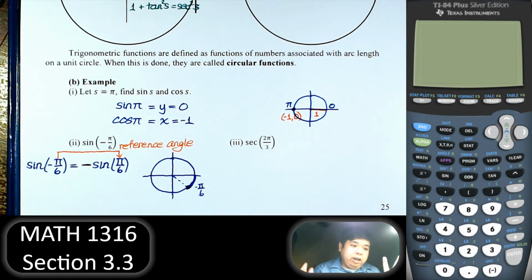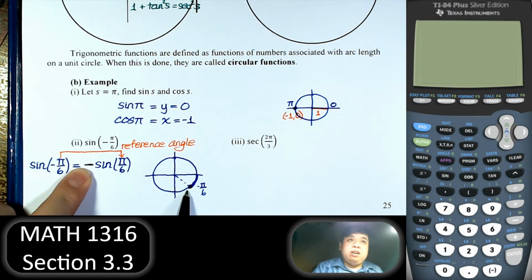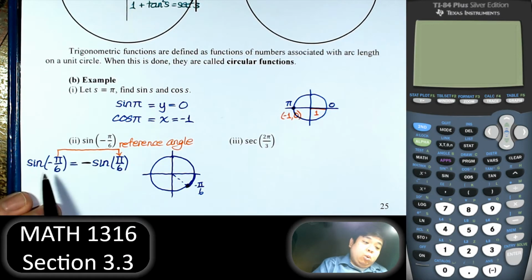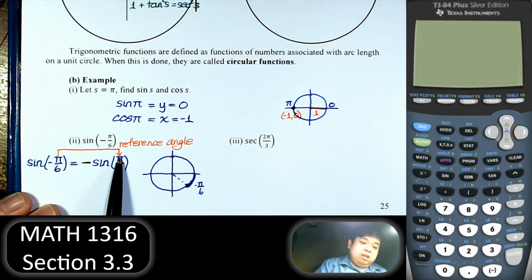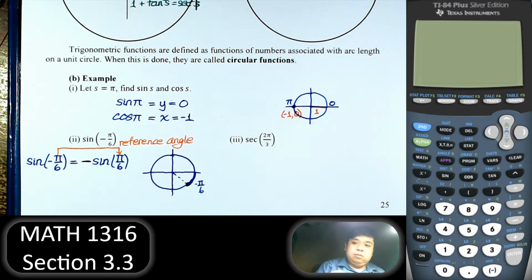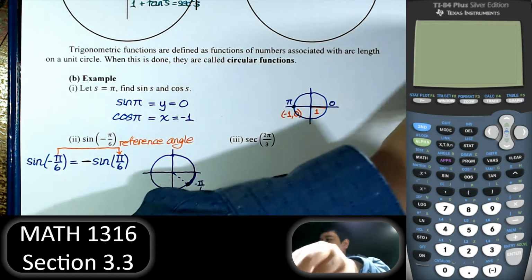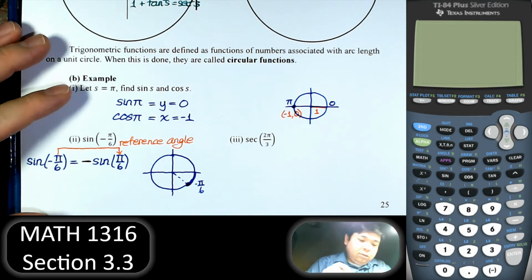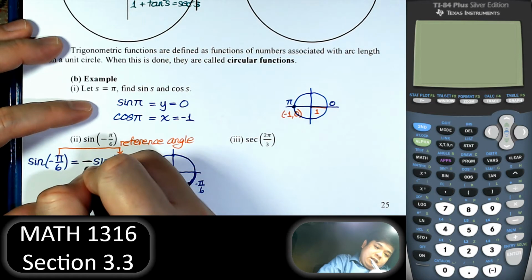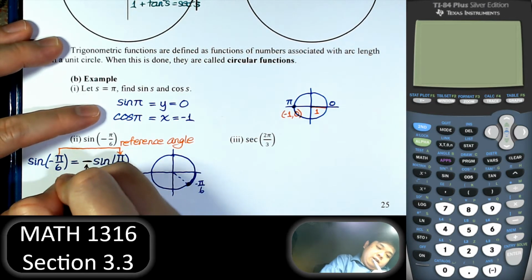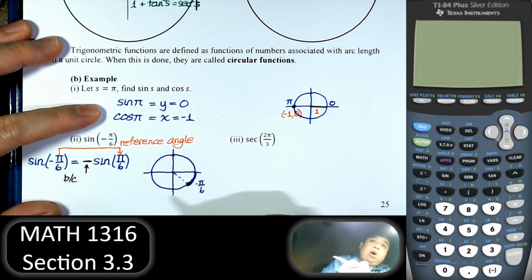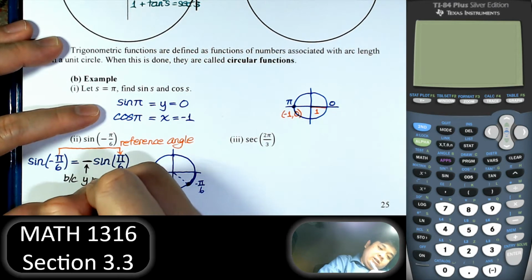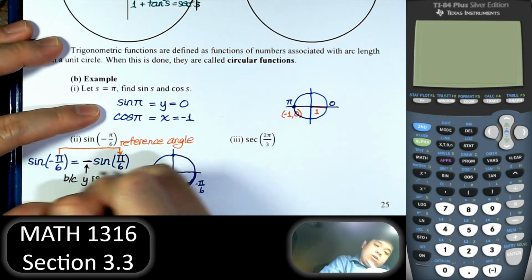First, the sine is positive or negative based on what quadrant it is on the circle. So this is negative because y is negative. And second, we find the reference angle, and then we just find the values. So let me denote negative because at this point the y value is negative.